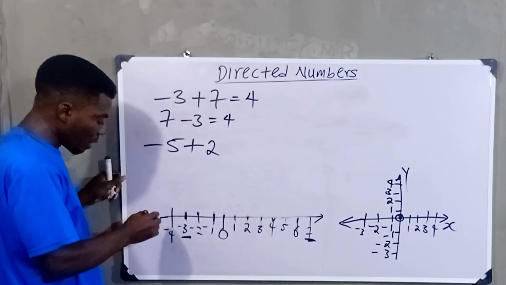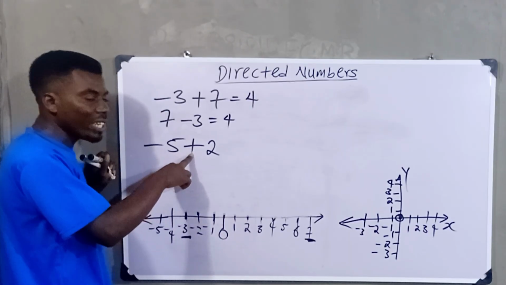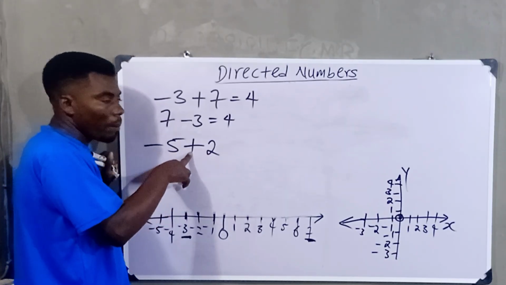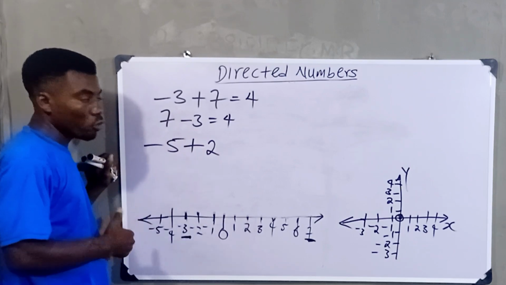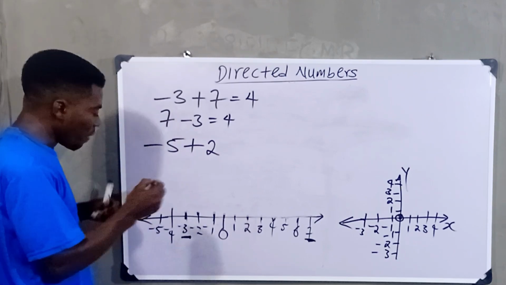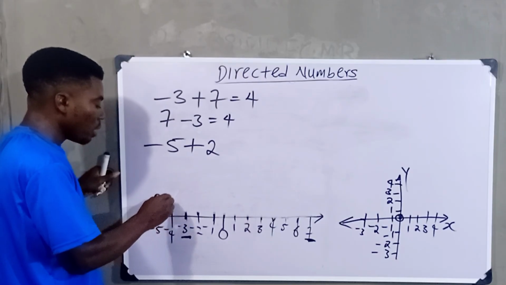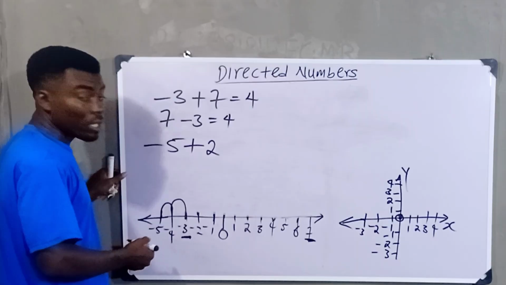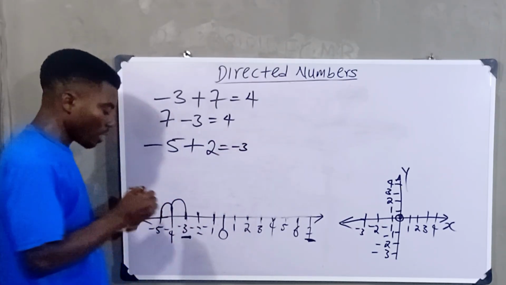Let's put it at -5 and increase it by 2. Remember, positive means right. So that means move 2 times to the right. This is negative 5. Then we move 1, 2, and the answer will give us negative 3.